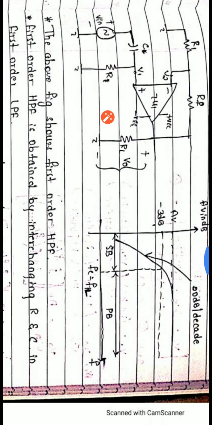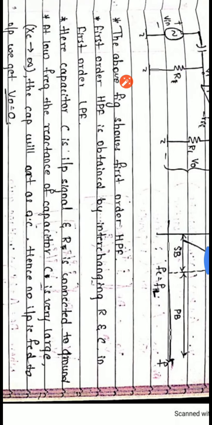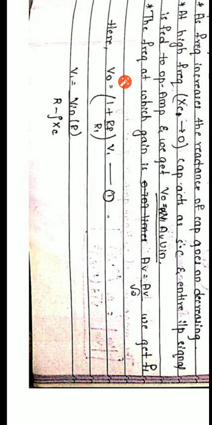So V1 is Vin into R divided by R minus jXC. The minus is taken because the reactance of the capacitor is measured as minus jXC, where jXC represents the reactance of the capacitor.